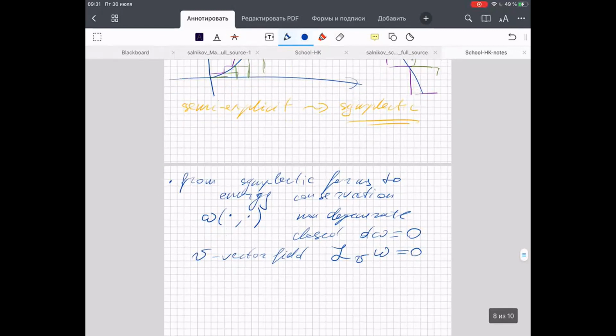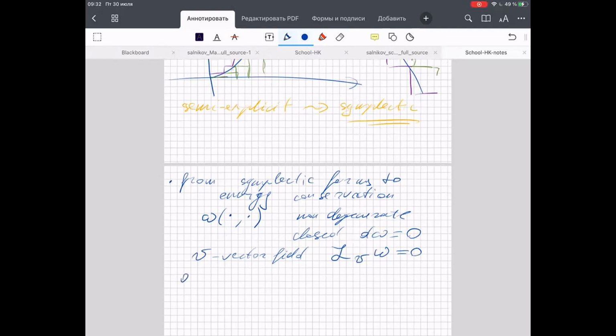So, okay, this thing. And I was asking more or less 2 questions. First, let's say I have this, and can I say something about conservation of energy?